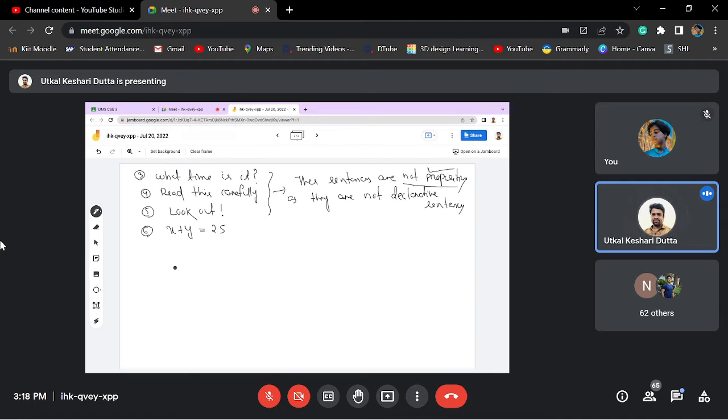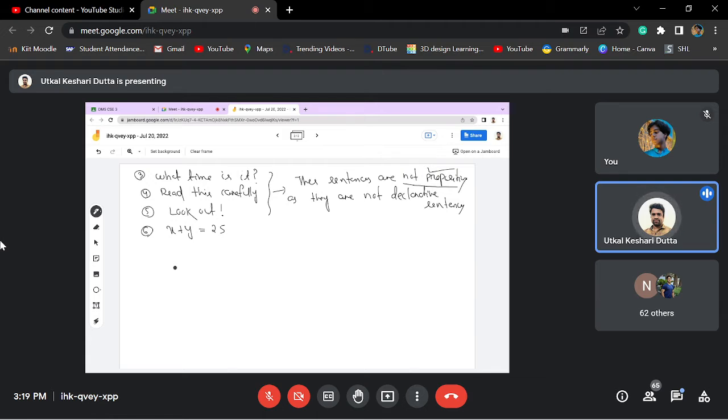If we assign some particular values to x and y, then it converts to a proposition. If we specify some values to x and y, it will be either true or false, and then it will become a proposition.